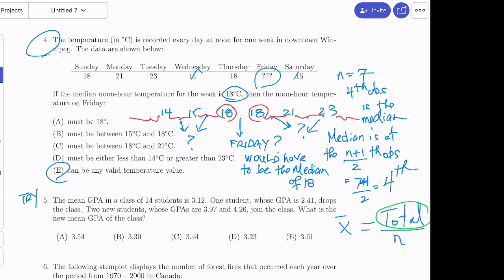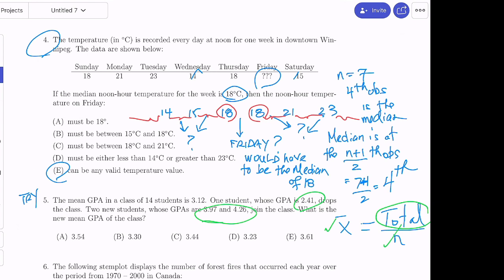Because that's what I'm going to manipulate. I'm going to subtract, so that's what I need to calculate, right? Because I'm going to take this guy off and I'm going to add these two in and then get a new total with one extra student. I already know this and I know this, so I can find the total.